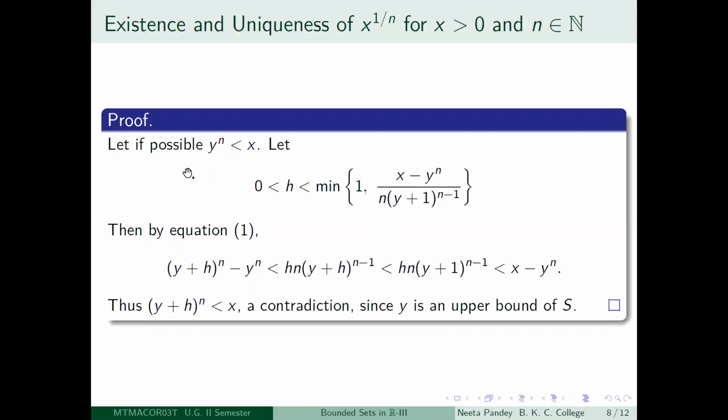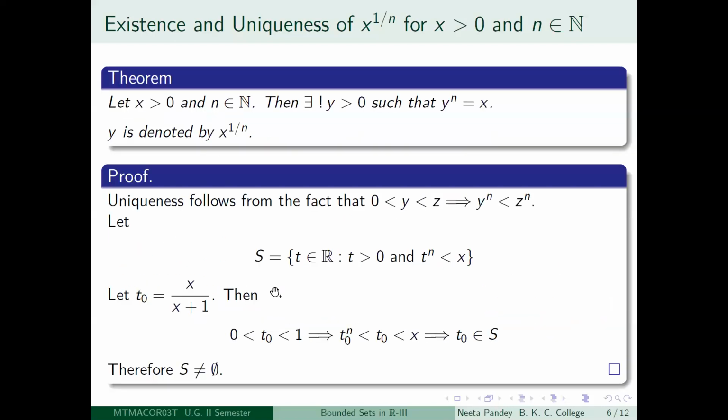So why will that be a contradiction? Because if y to the power n less than x implies that y plus something, its nth power is also less than x, then you again recall what was your s. It meant the collection of all positive t's such that t to the power n is less than x.